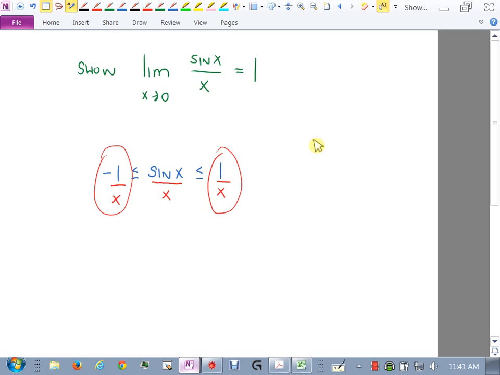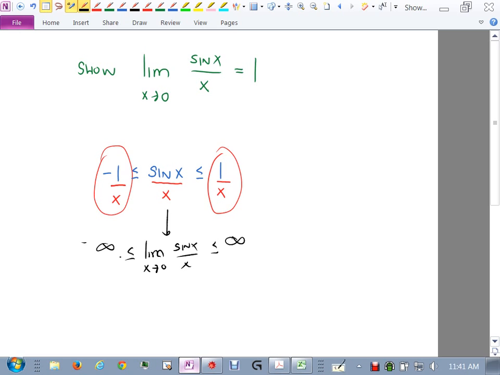So for this particular limit, this Squeeze Theorem approach would not work, because you would get negative infinity and infinity, and then this limit in here would be between those. And for the squeeze theorem to work, what do we need to happen?